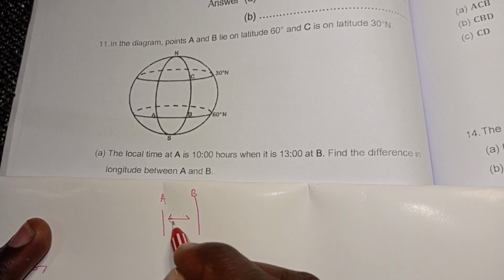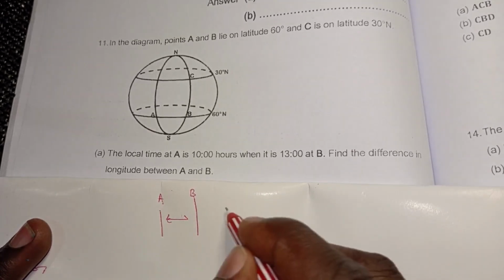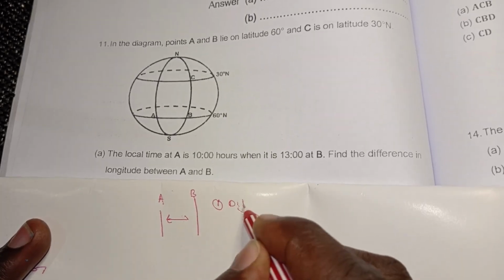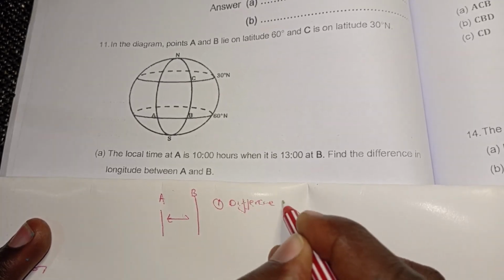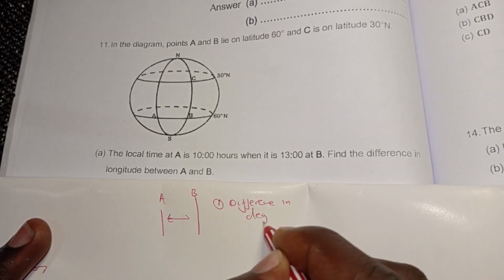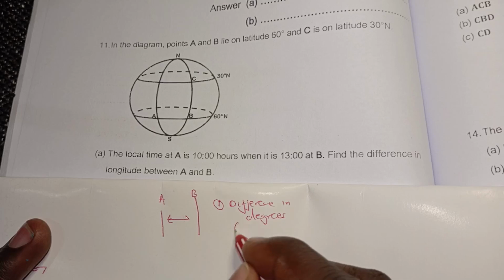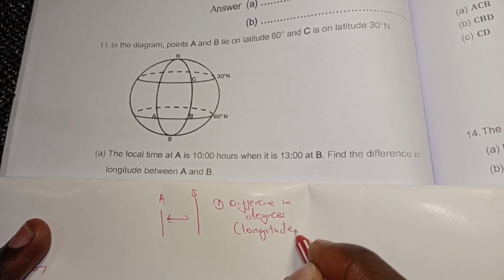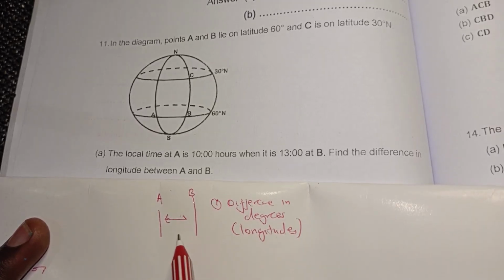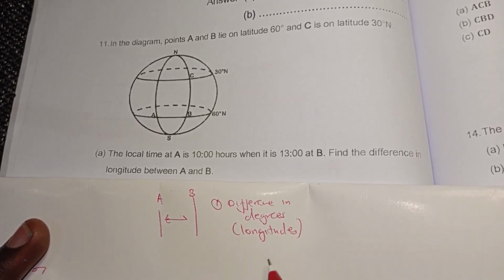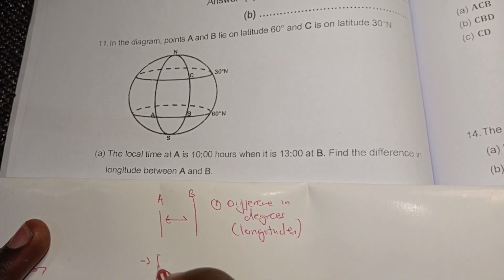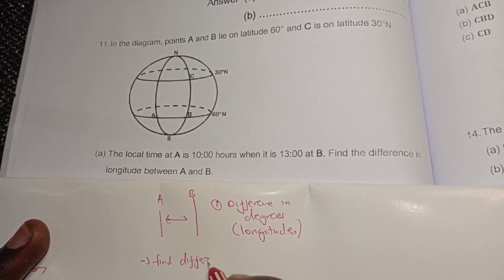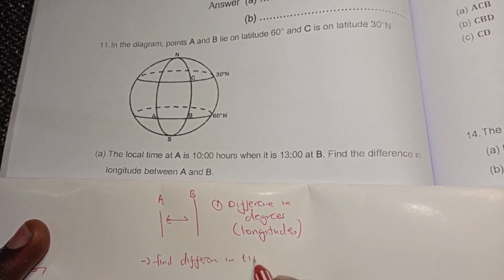So for us to find the difference here, we need to find two things: the difference in degrees, or difference in longitudes, which we don't have. So we're going to first find the difference in time.